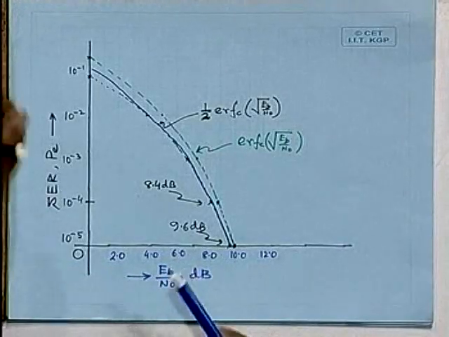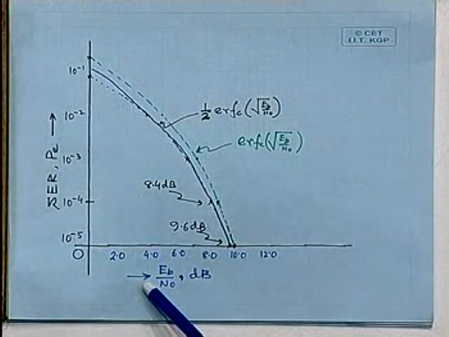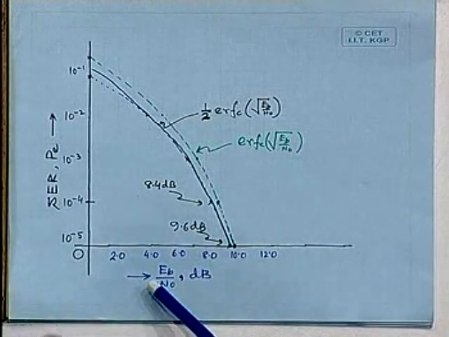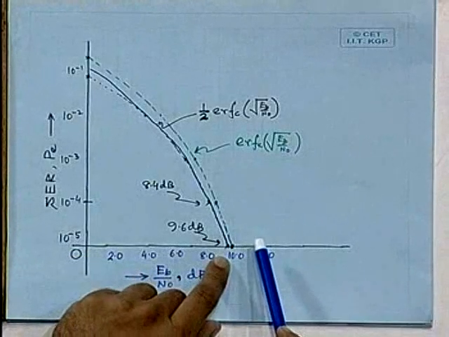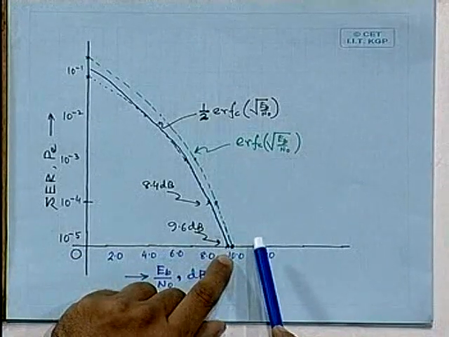A few values you should remember. The bit error rate for BPSK or QPSK is 10 to the power minus 5 when Eb/N0 is 9.6 dB.